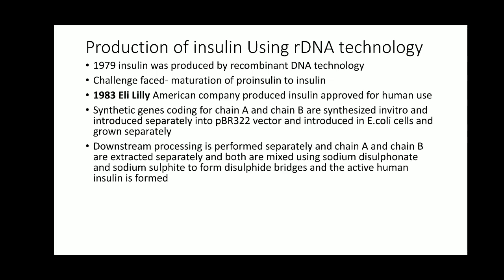But there was a problem in expressing this gene, that is, maturation of proinsulin to insulin was a great challenge that was faced when it was produced in the year 1979. The maturation of proinsulin to insulin was not achieved in the first trial in 1979.